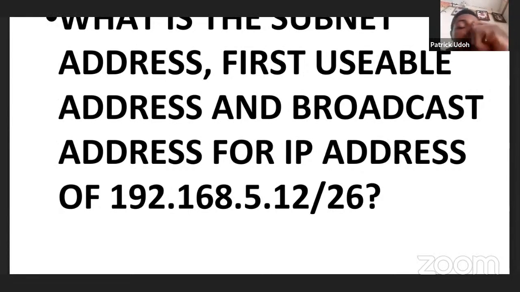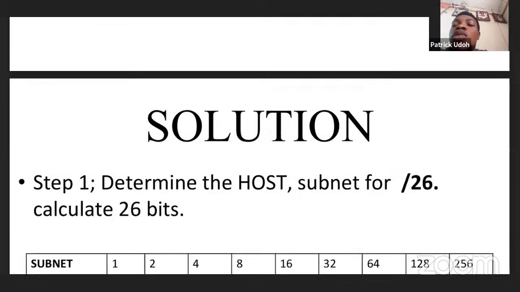From this address, I can deduce two things. The address on my left-hand side, 192.168.5.12, is the address, and the /26 is the subnet mask.